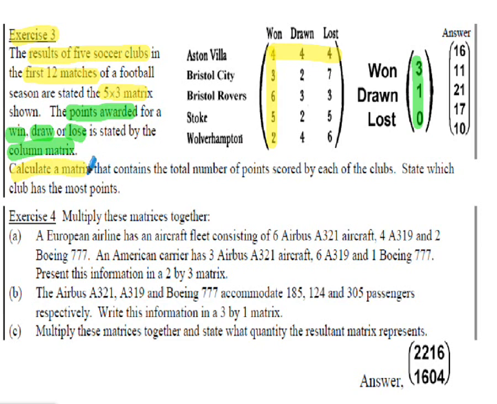We're asked to calculate a matrix that contains the total number of points scored by each of the clubs, and to state which club has the most points. This is a matrix multiplication problem and the answer is shown here.